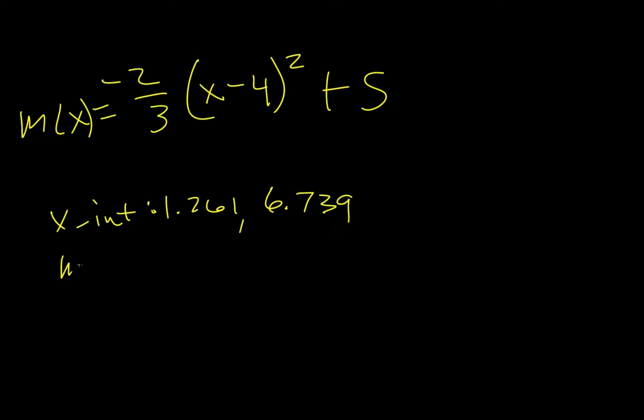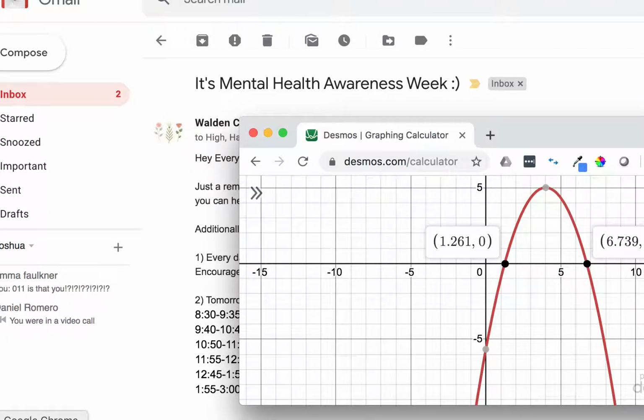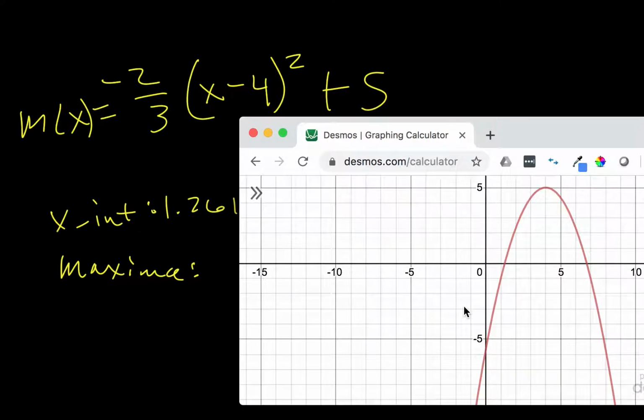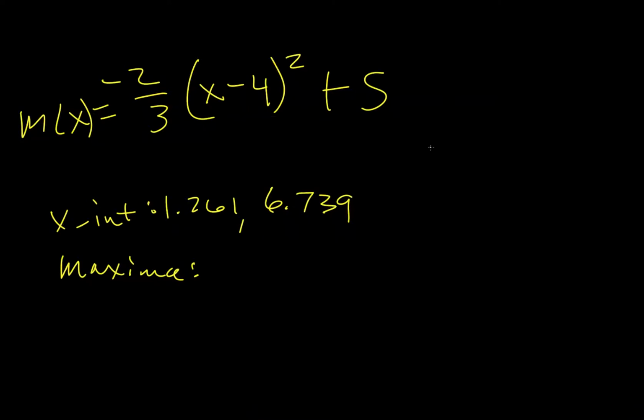And then we also want our maxima, which in this case is a maxima because it goes up and then comes back down. And that is happening at 4, 5. Okay, so these are all x values.